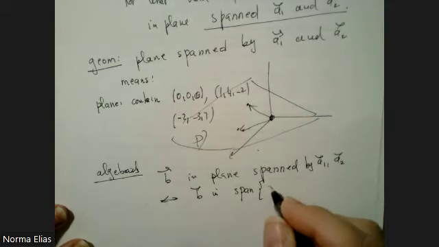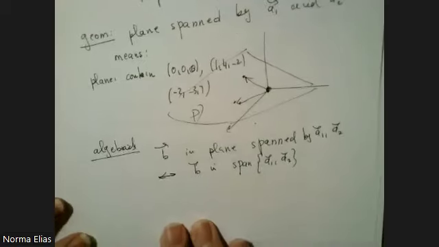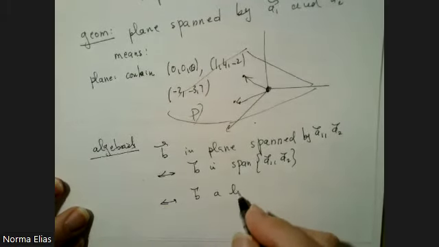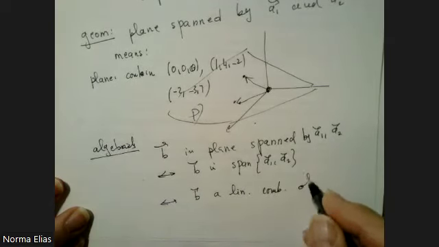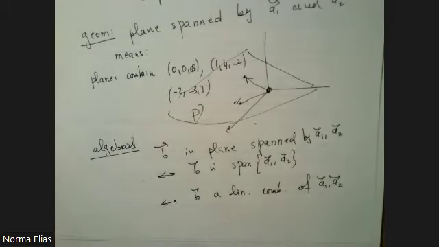So it's equivalent to saying B is in the span. I introduced the word span on purpose just to keep reminding you of the word span. It means B is a linear combination of A1 and A2. Okay, so just to remember the language.